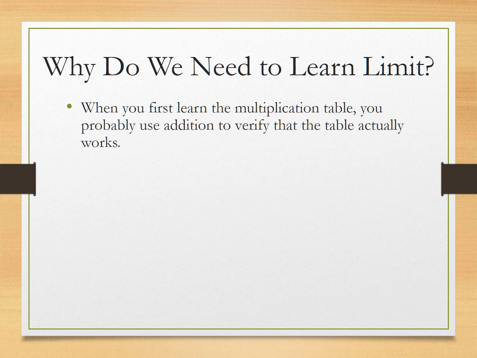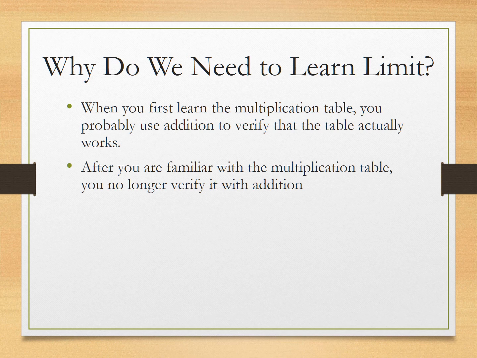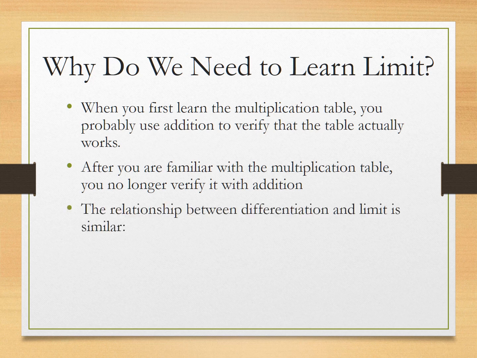Yes, so 3 plus 3 is 6, because you can verify it with addition. Why is 3 times 3 9? 1, 2, 3, 1, 2, 3, 1, 2, 3. That's 9. But once you are familiar with the multiplication table and you're convinced that it works, you no longer verify it every time. So it's similar with limit.